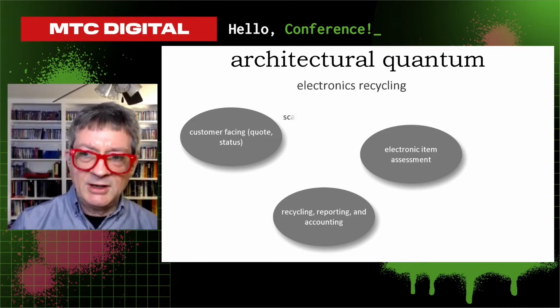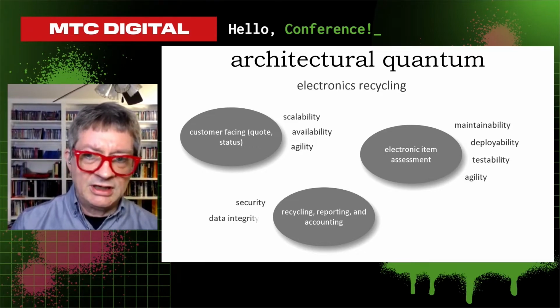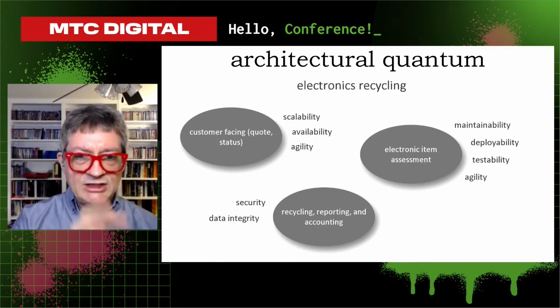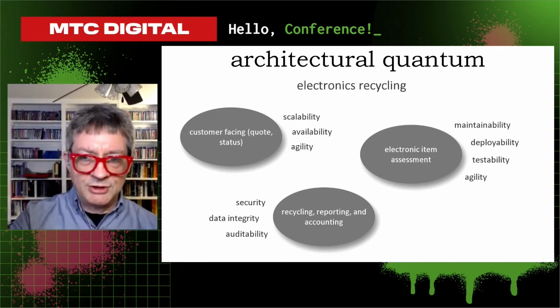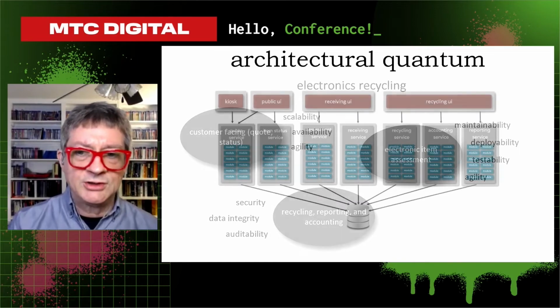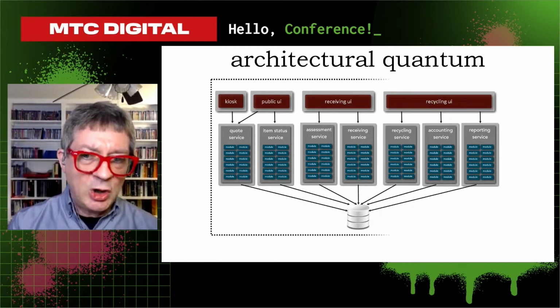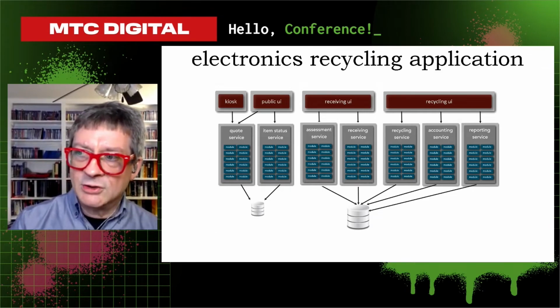Whereas the assessment needs fast change. I need to be able to change the number of devices on a regular basis. But recycling and accounting has money in it, so it needs security, et cetera. So notice that each of these has their own clustering of architecture characteristics, which means that as you build an architecture for this, those actually help you define where the scope of things should reside in this architecture.